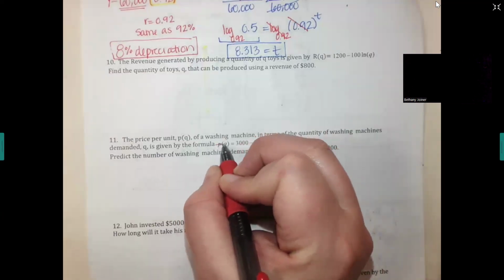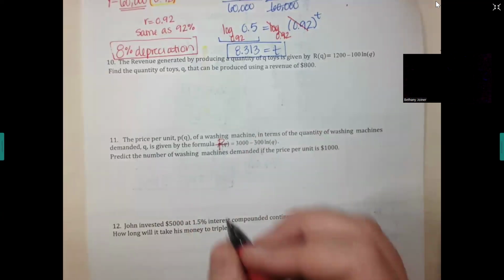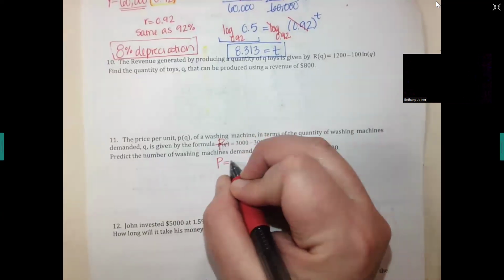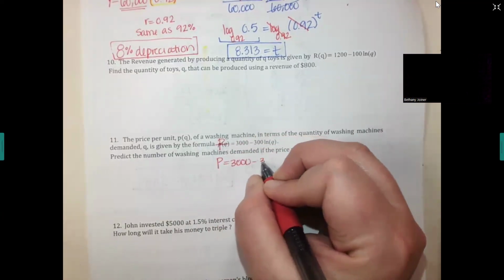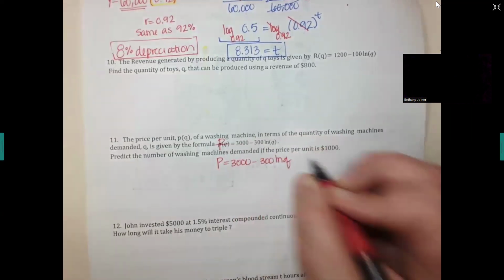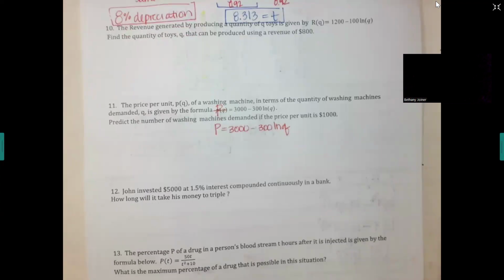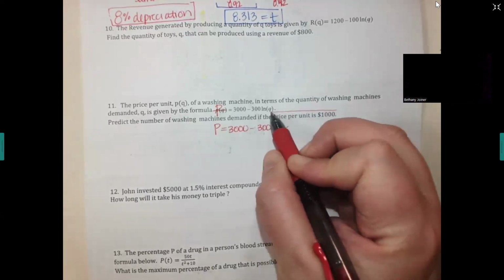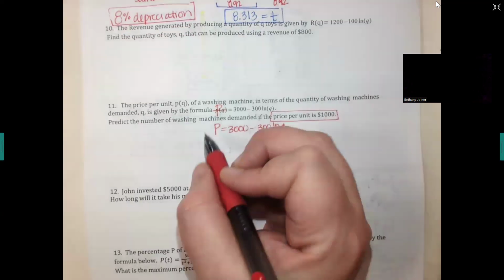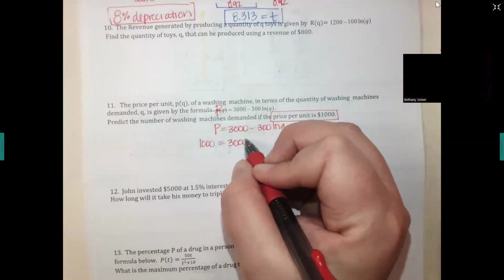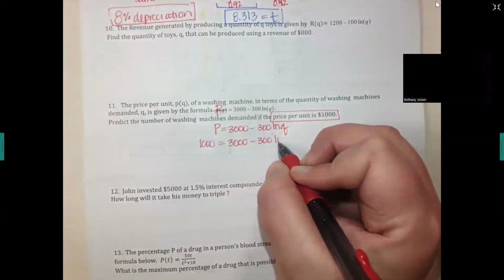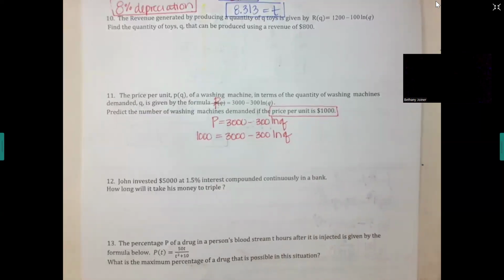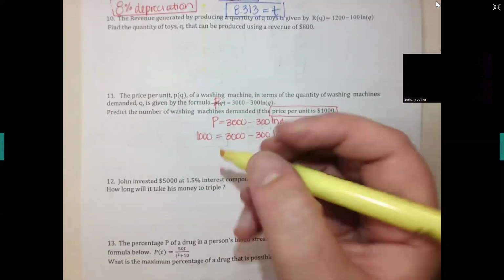P of Q is confusing to me, so I'm just going to call that P. So the price is equal to 3,000 minus 300 ln Q. Then it says predict the number of washing machines demanded if the price per unit is 1,000. So if they're telling me the price is 1,000, then I'm going to put 1,000 in the price position. So it's 1,000 equals 3,000 minus 300 ln Q. You can drop your little railroad tracks if you like that.